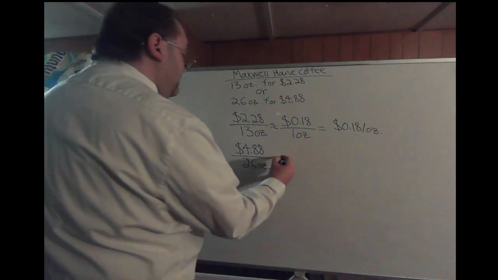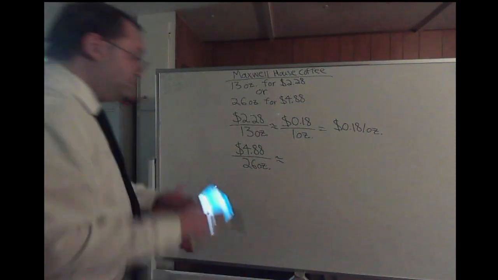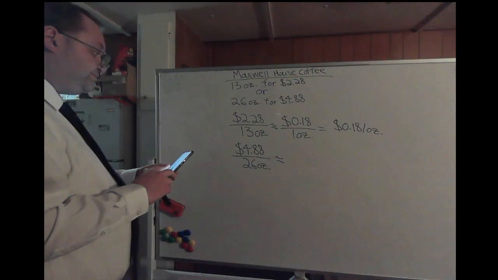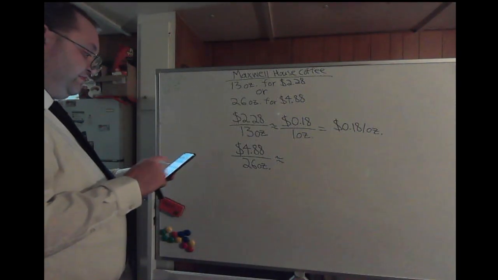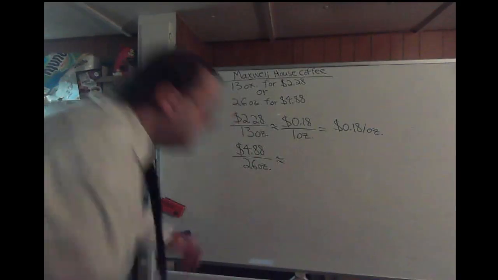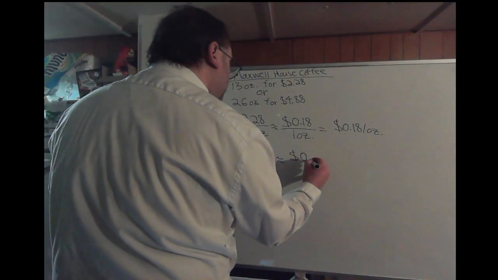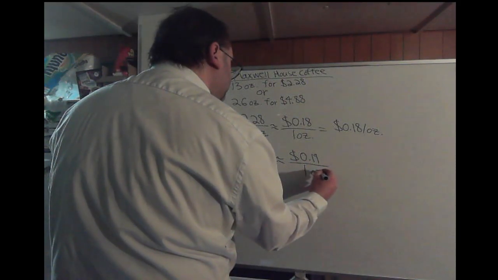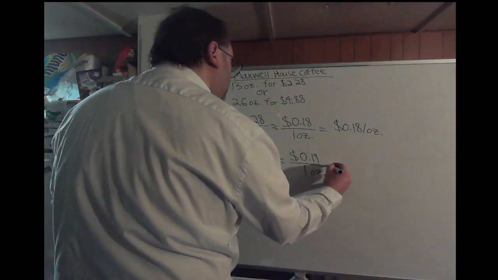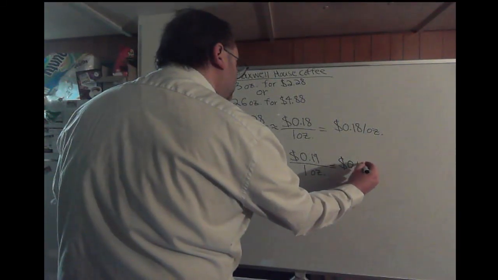Alright, well, let's go ahead and divide both numerator and denominator by 26. We'll see what we get here. 4.88 divided by 26 comes up to 19 cents an ounce. 19 cents per 1 ounce, which could be written as 19 cents an ounce.